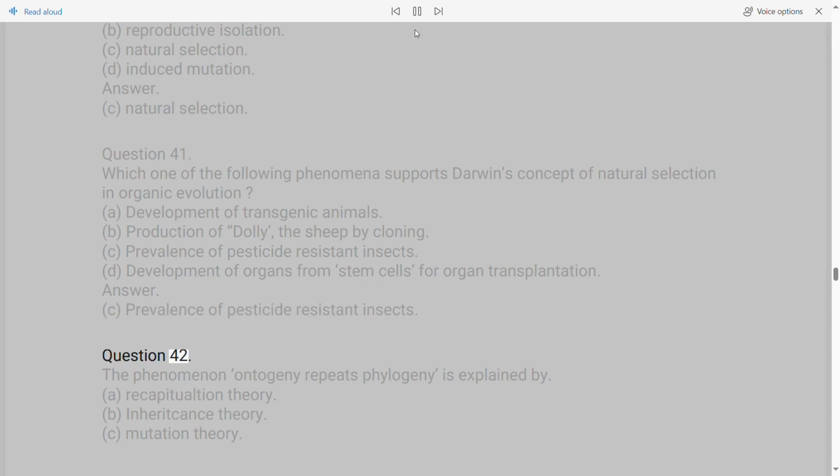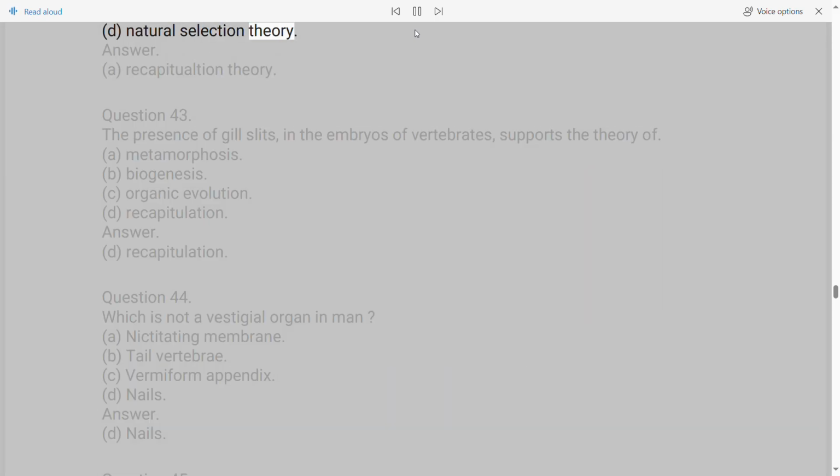Question 42. The phenomenon 'ontogeny repeats phylogeny' is explained by A. Recapitulation theory. B. Inheritance theory. C. Mutation theory. D. Natural selection theory. Answer. A. Recapitulation theory.